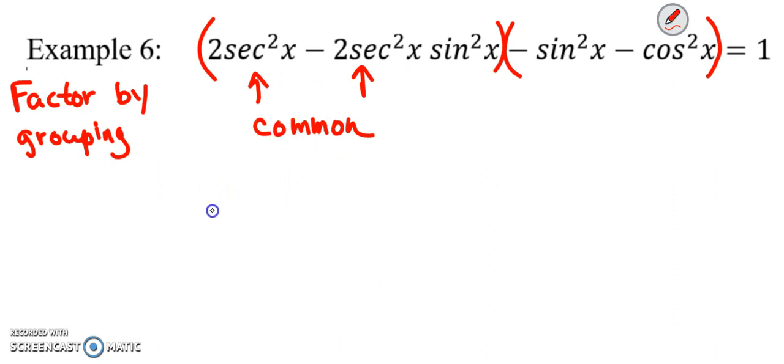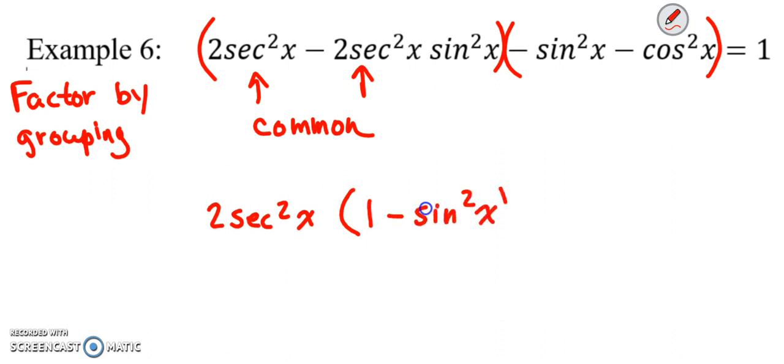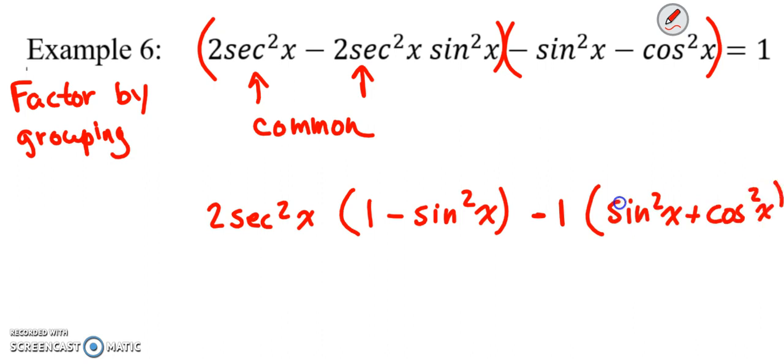If we can factor out that, we get 2 secant squared x. That would leave us with 1 minus sine squared x. And then for this other part, we can factor out a negative out of both of those again, -1. And this would be sine squared x plus cosine squared x.